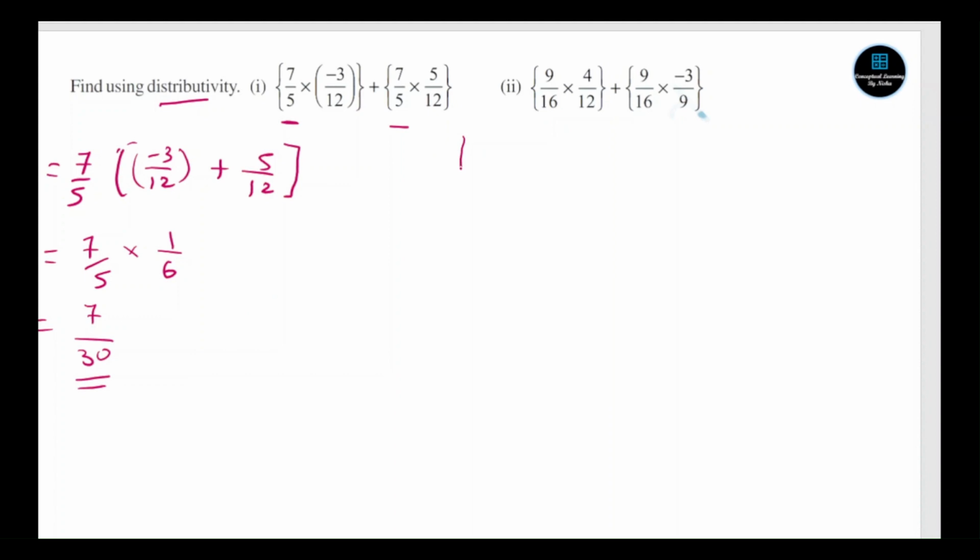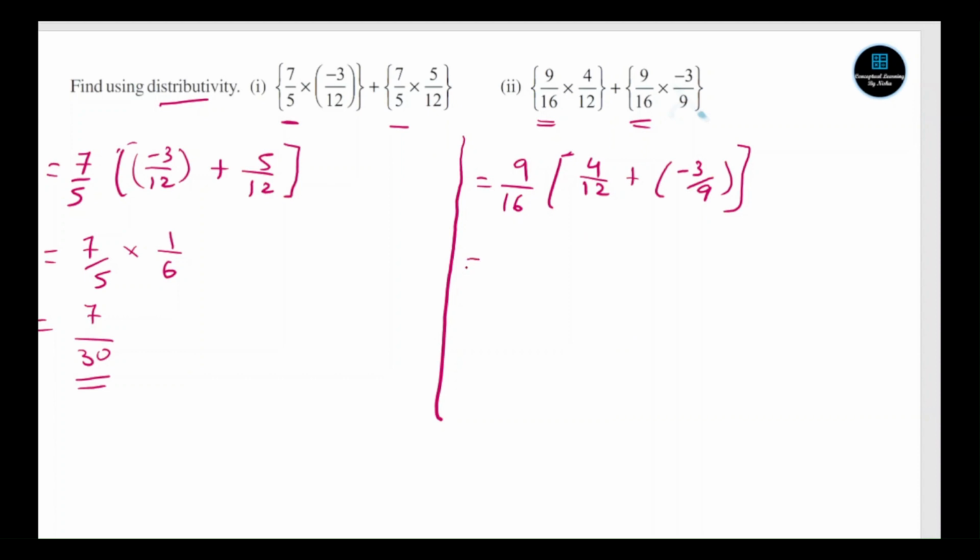Perfect. Easy to solve. Now which number is common? 9 over 16, correct? So I can say 9 over 16 is common, and now what is left here? Write the number with the sign. So 4 over 12 plus negative 3 over 9. Now before I take the LCM and all, can I simplify those numbers themselves?